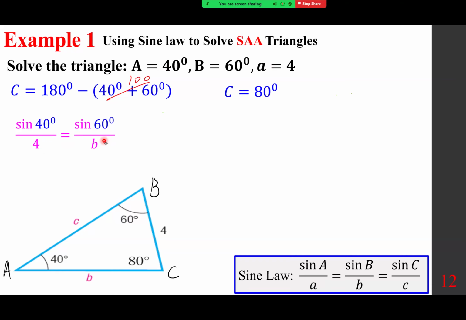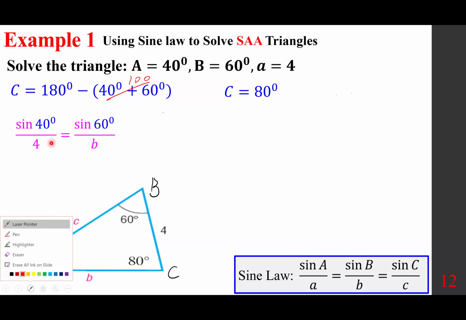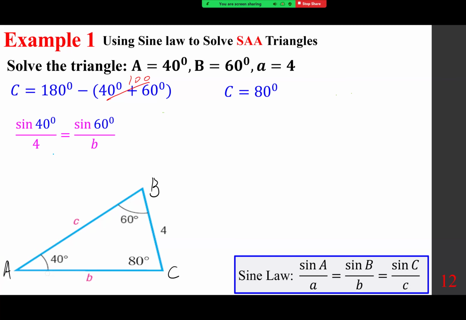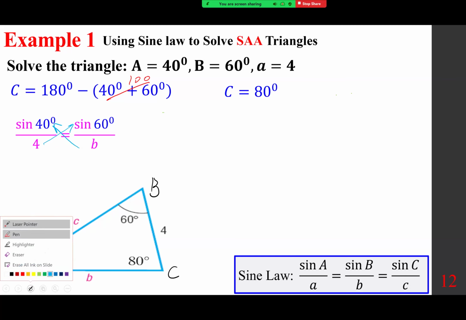So obviously the cross product means 4 times sine 60 is equal to sine 40 times b.